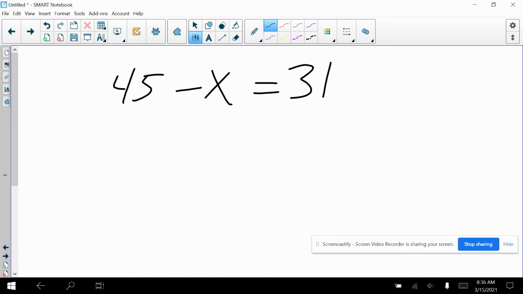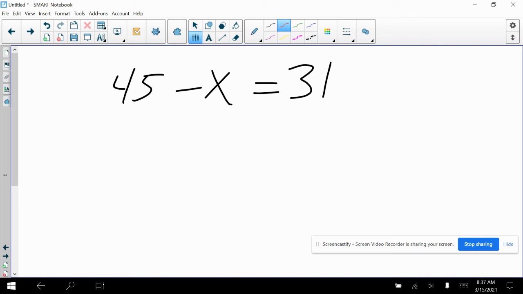Okay, listen carefully. In the world of algebra, guess what you can't have? A negative variable. Okay. So, in the event that you would get a negative variable, you have to pretty much do one extra step here. Because normally we would start by subtracting 45. You agree? Right? That's what we would normally do.